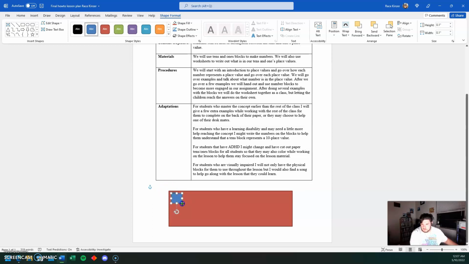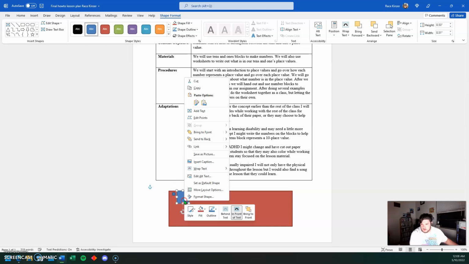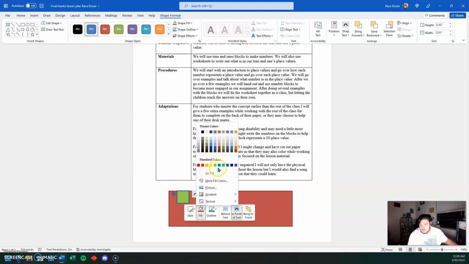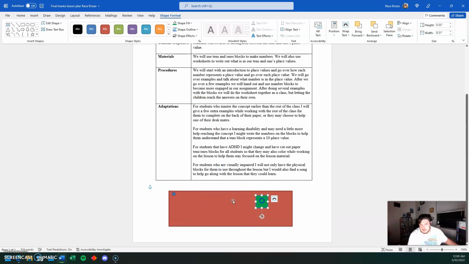We can move these over, and I can have this square be a different color. So this could be a tens, and this could be ones. I could ask the class, since this is 110, how many of these would make up one of the tens?